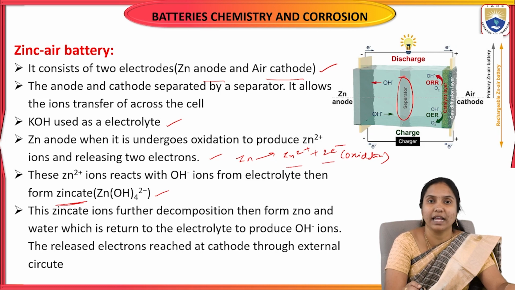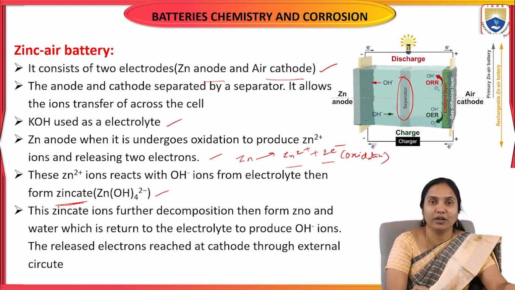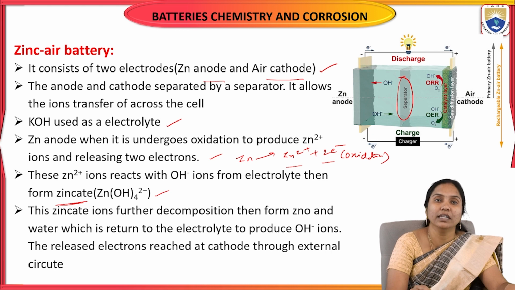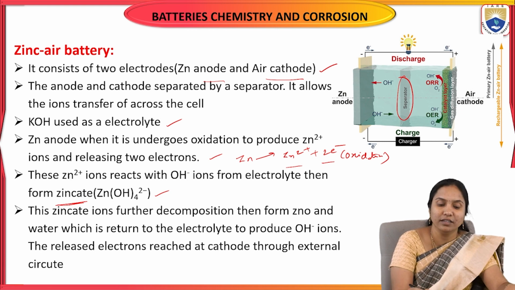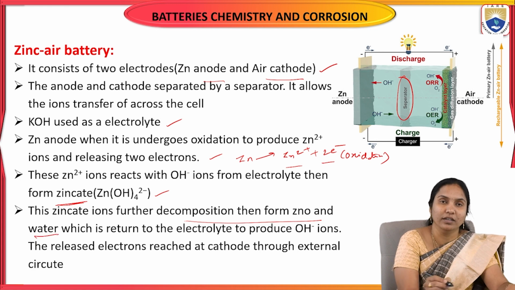It is an oxidation reaction. These zinc metal ions react with OH minus ions from the electrolyte, here KOH, and give zincate, Zn(OH)4 2-. Next, this zincate further decomposes to form zinc oxide and water.